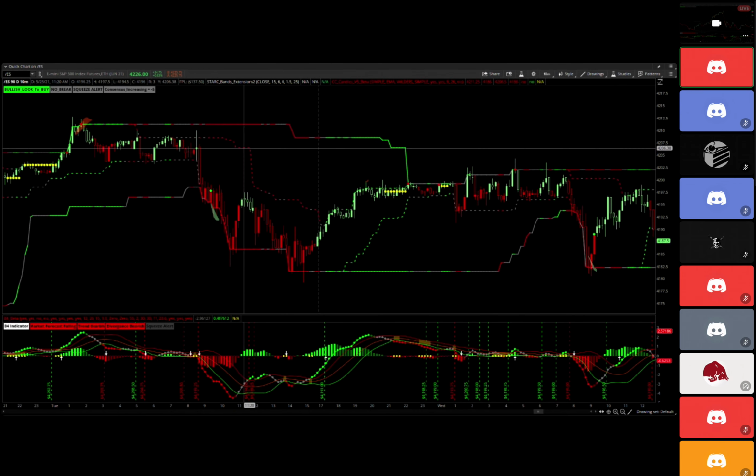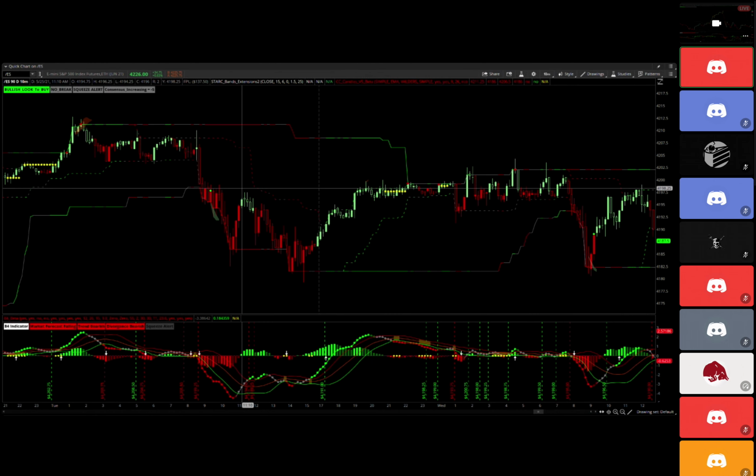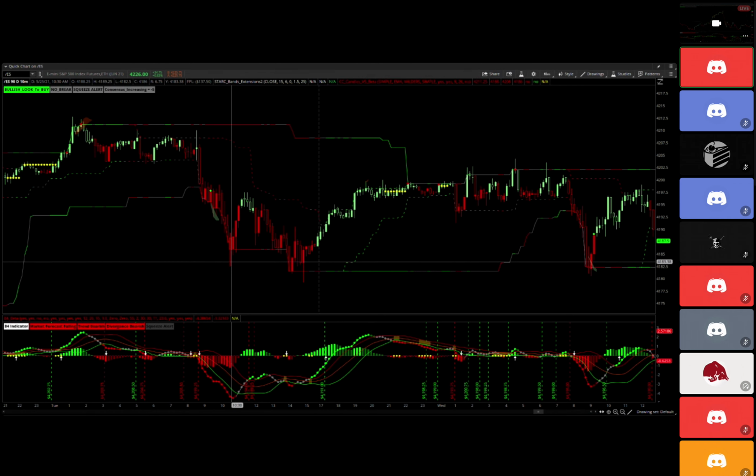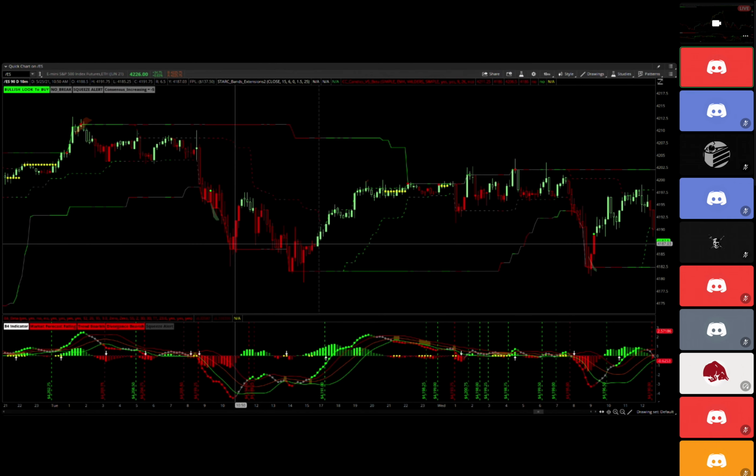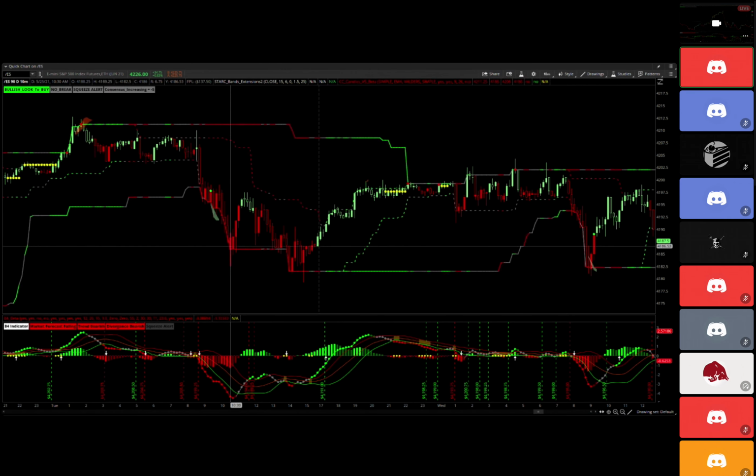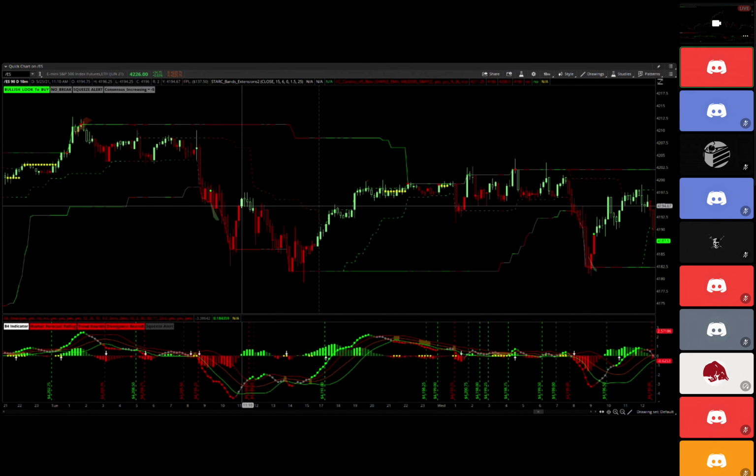Resistance is coming down, and this is not a very attractive looking zone. Matter of fact, if you were looking to play a mean reversion and you were aggressive enough to try buying here, this is not the candle you should be looking to buy. You should be looking to sell this candle. This is a green candle in a red channel.